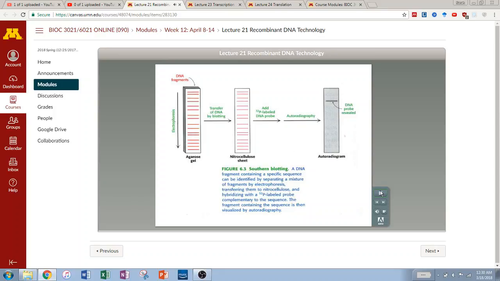The DNA probe carries a sequence complementary to a specific sequence in the DNA sample. Thus, the probe only binds to that specific sequence of DNA. The sample is then washed and placed in contact with X-ray film. The DNA sample band that's hybridized to the radioactive probe can be identified by its reaction with the X-ray film.